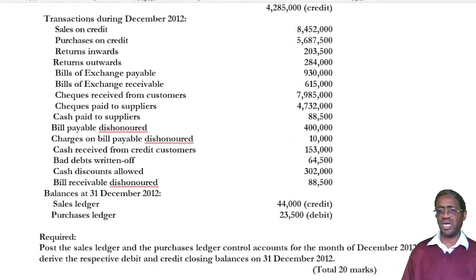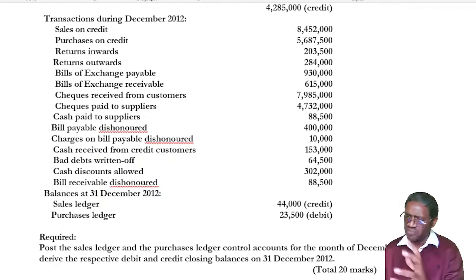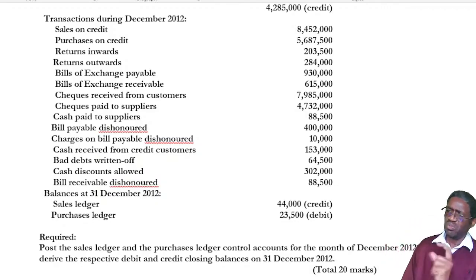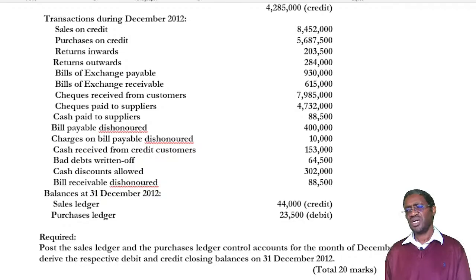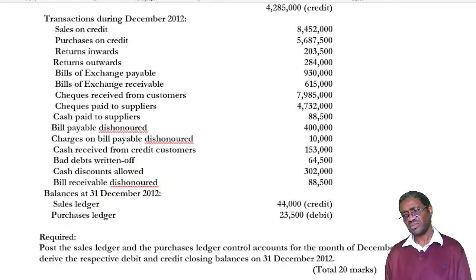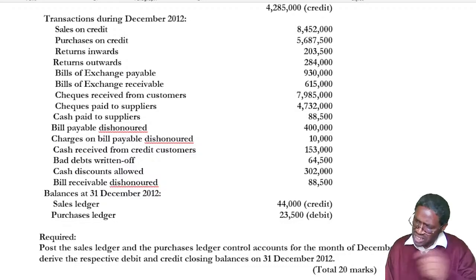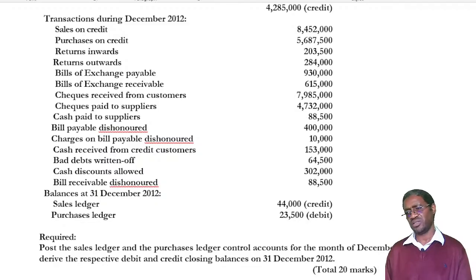After discount allowed, we have bills receivable dishonored. We received a bill from our customer. We sold goods to your customer on credit. That customer promised that he will pay you in good time. But he accepted a bill. So when he accepted, you received the bill.